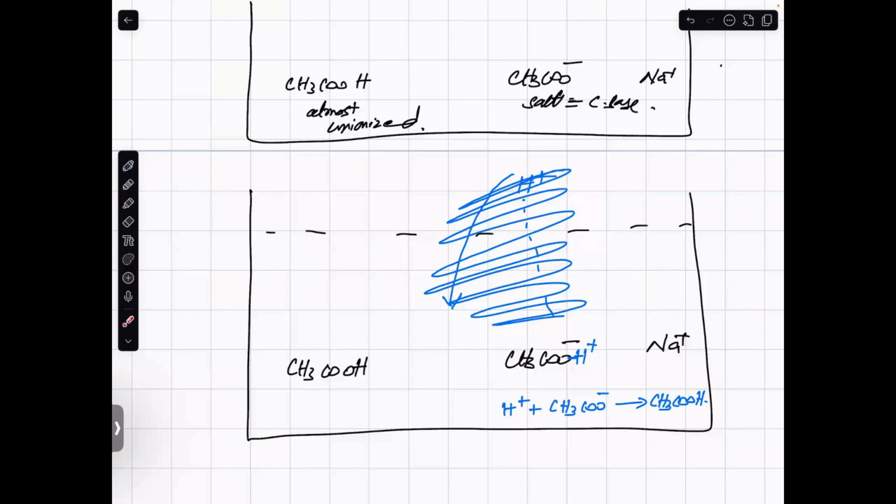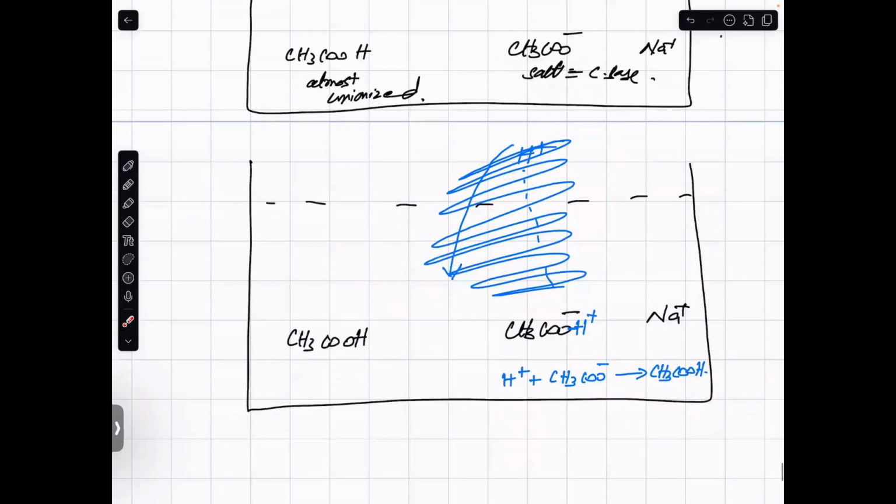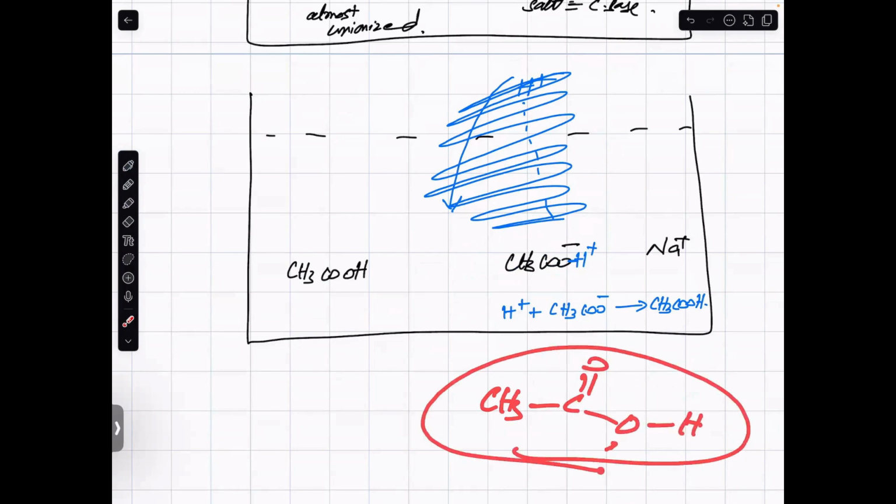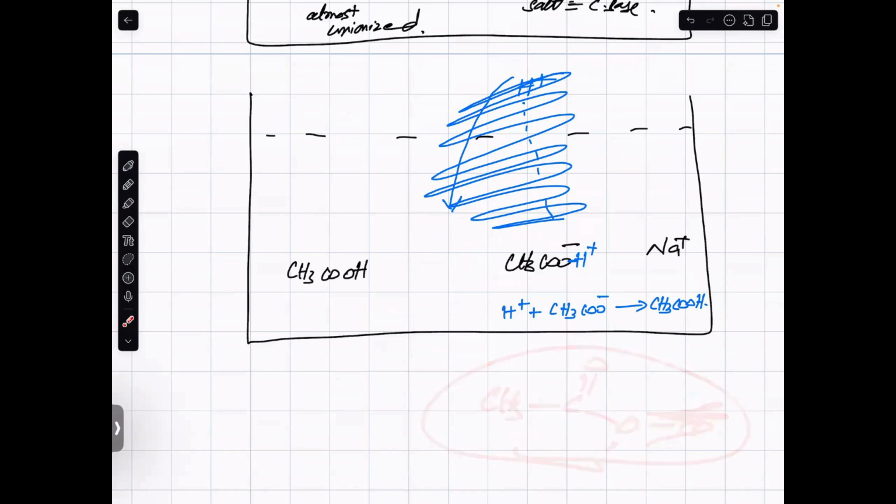The H plus coming in the solution is now covalently bonded to O of the COOH. So it's not becoming part of the solution. If OH is coming from outside, the OH will change the pH, which will make the solution alkaline.